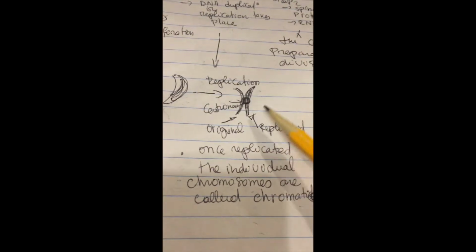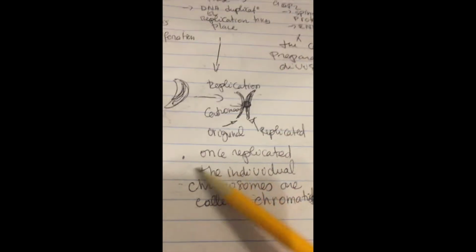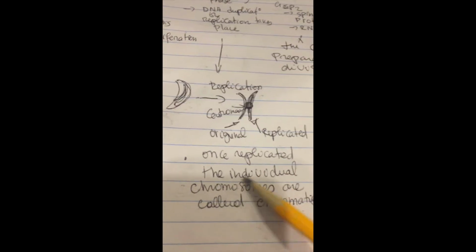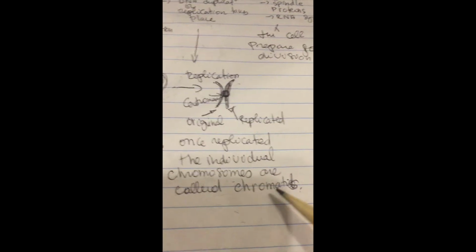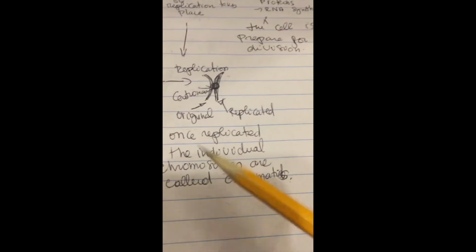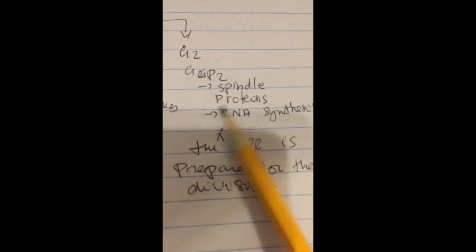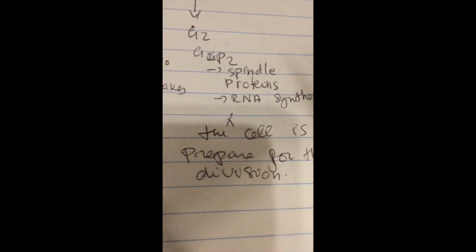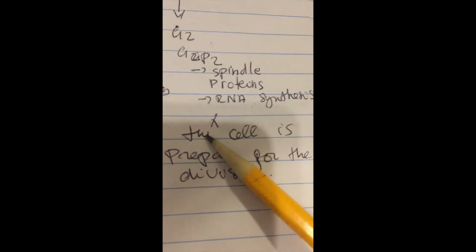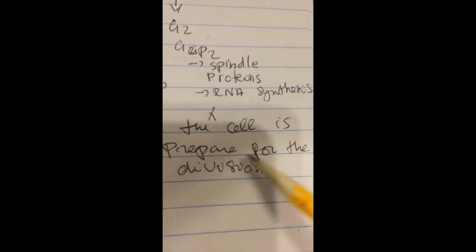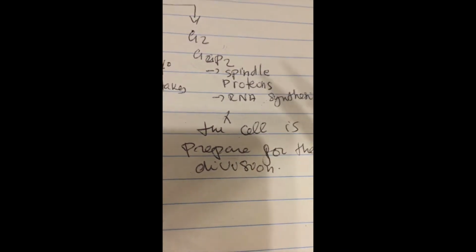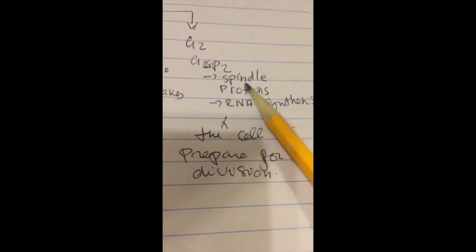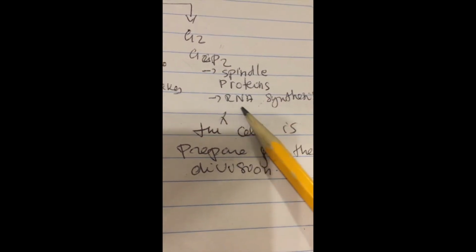Once replicated, the individual chromosomes are called chromatids. After the S phase, we get the G2 stage, where the cell is prepared for division, so the spindle proteins and RNA are synthesized.